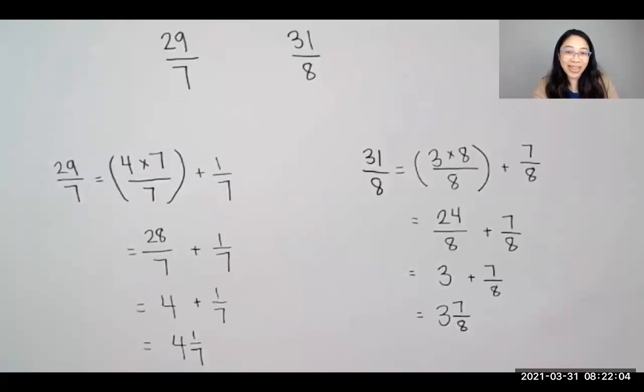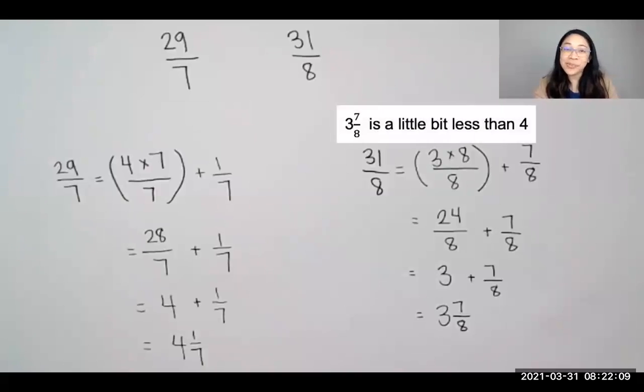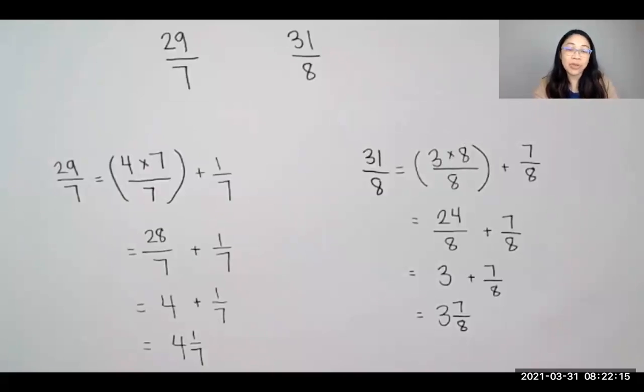We could also say that 3 and 7/8 is a little bit less than 4. Let's complete our comparison statement for 29/7 and 31/8. Say the comparison statement with me. 29/7 is greater than 31/8.